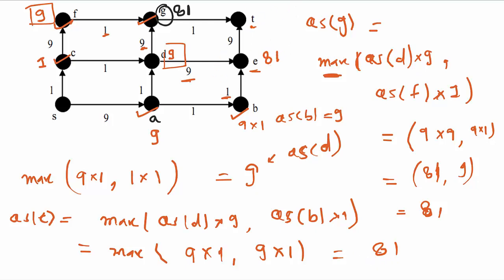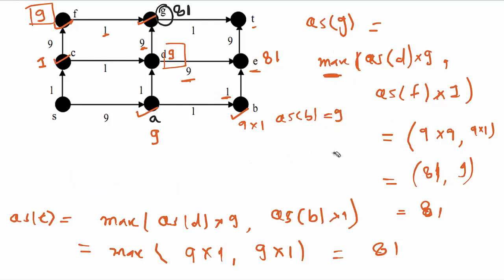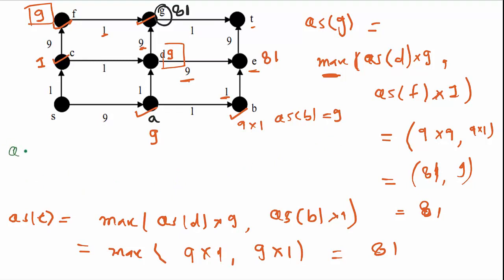Now, what about the quality score of T? Let me erase it here and then I will rewrite. I need to find the quality score of T, which is the maximum of the quality score of E into 9, comma, the quality score of G into 1.